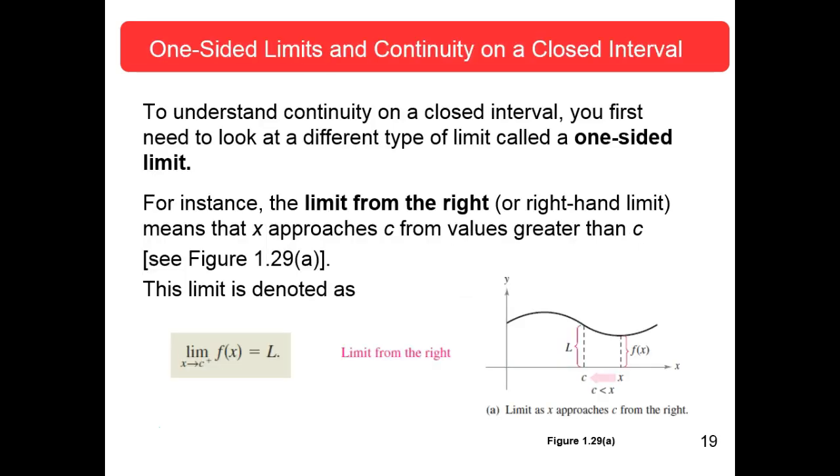One-sided limits. To understand continuity on a closed interval, you first need to look at a different type of limit called a one-sided limit. For instance, the limit from the right, or the right-hand limit, means that x approaches c from values greater than c, coming in from the right. Like here, x is approaching c from the right, and this has a limit right there.